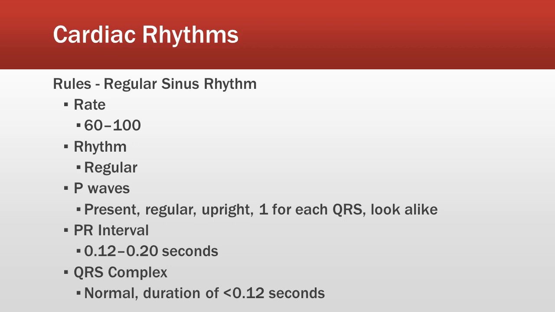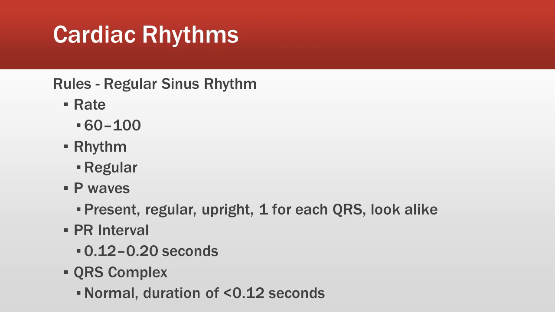The rules that apply to a normal sinus rhythm are this. The rate is between 60 to 100. The rhythm is regular. The P waves are present, the interval is regular, they're upright, there's one for each QRS, and they all look alike.